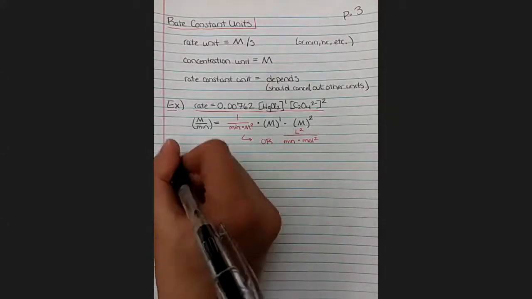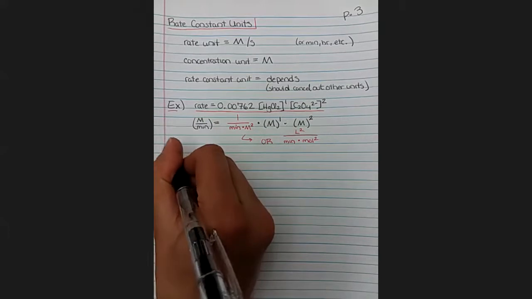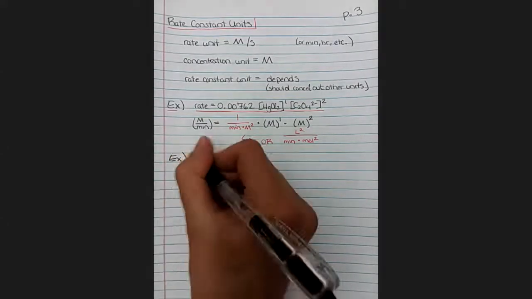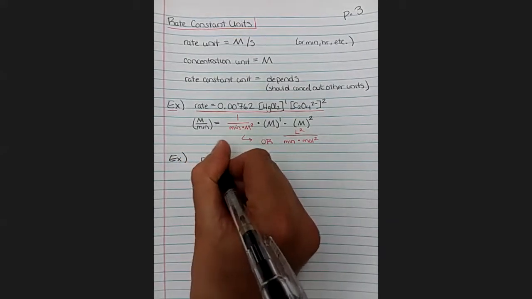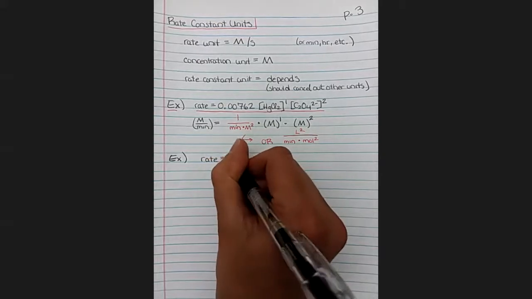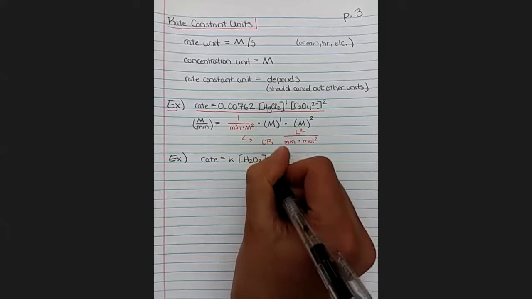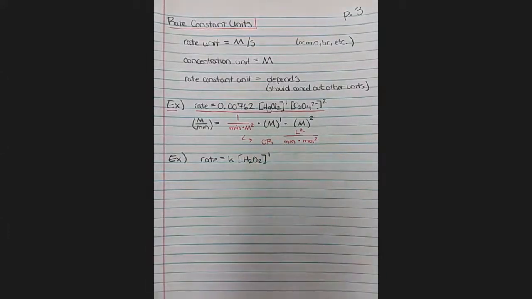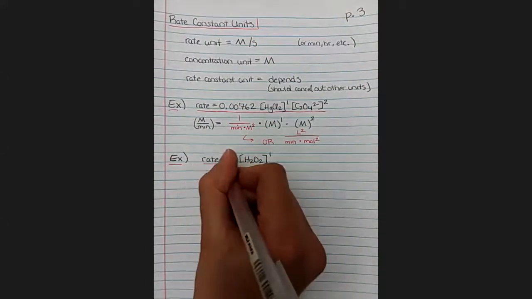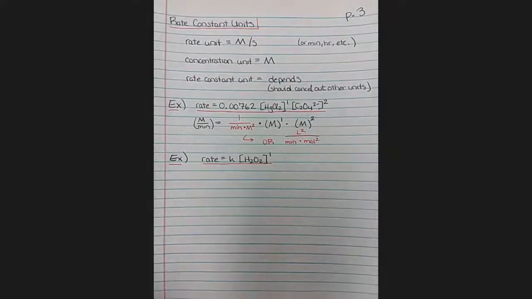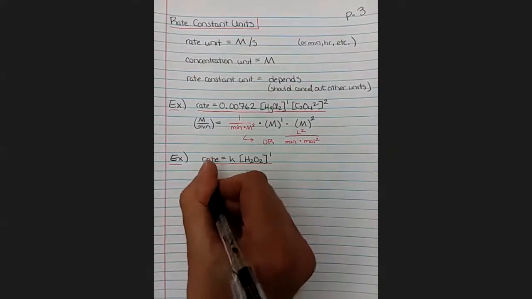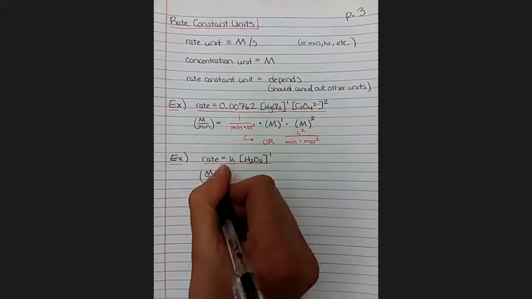Okay, one more example just to prove to you that it does in fact depend on the order of the reaction. Here's our rate law from earlier with the peroxide. This one is a first order reaction overall. So our rate could be in molarity per second.